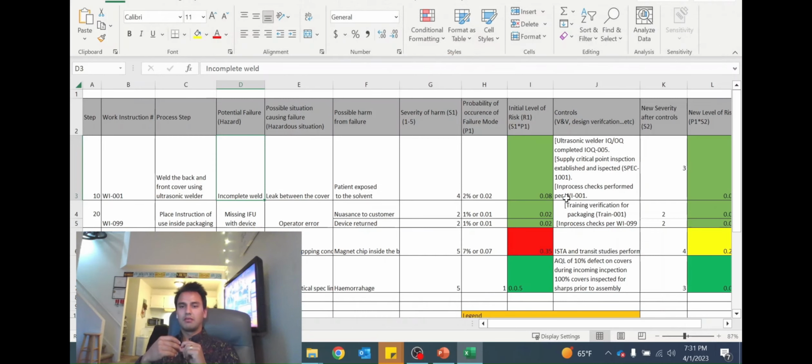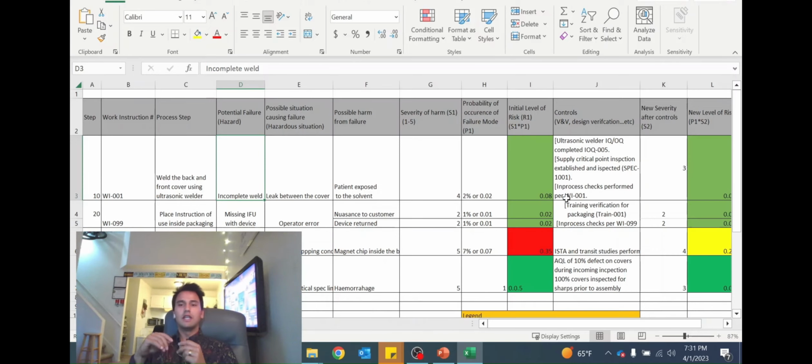So we also have established a critical inspection point where our QC team inspects the parts whenever they come in-house, right? What do they check for those parts? If the back cover and the front cover have a complete sealing surface, otherwise the welder is not going to work. So they are looking for that. And basically they will release the product based on the inspection passing criteria, right? And that's a control, that's a big control.